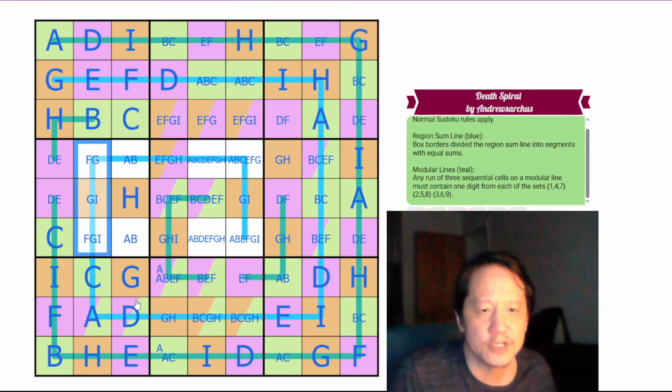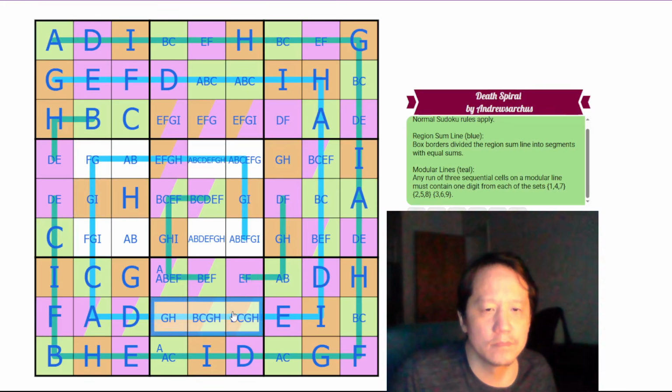This is F, G, and I. So again, no pink here, no green here. These are both green.